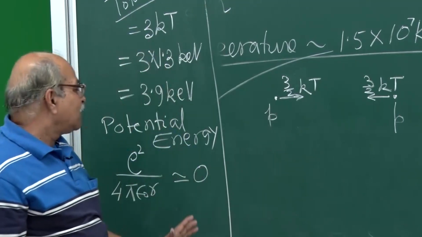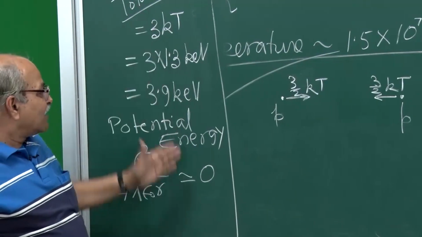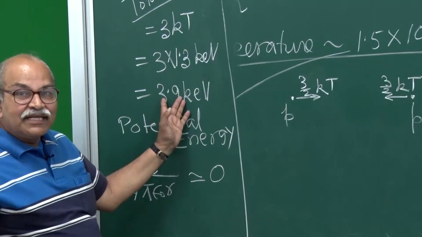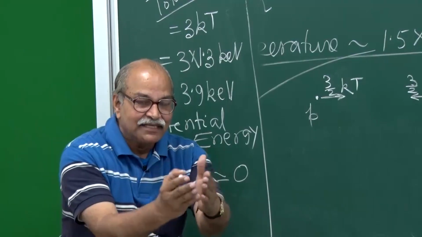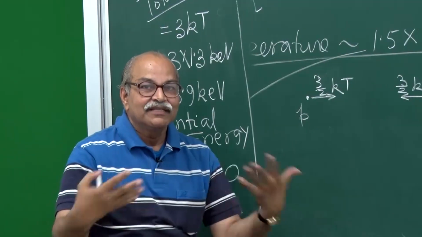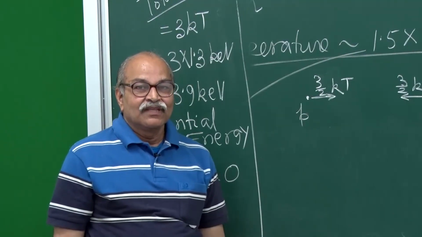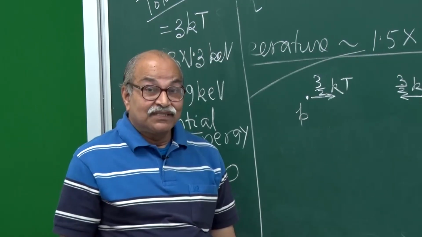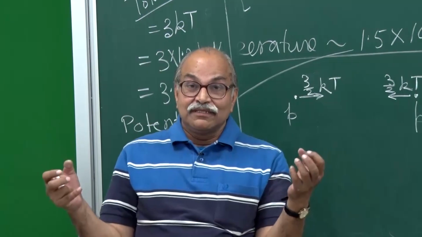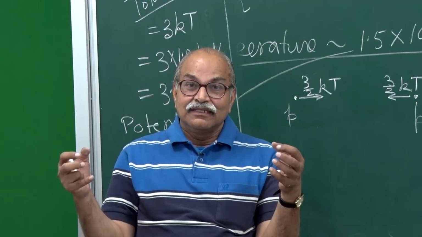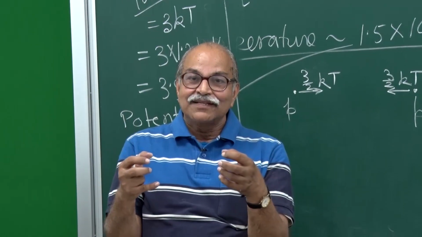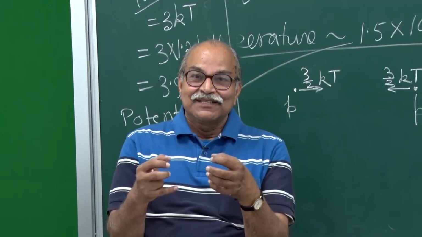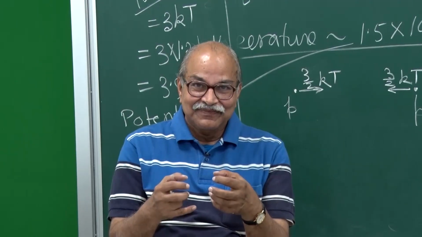So that total mechanical energy to start with is 3.9 keV, and it should remain 3.9 keV. The kinetic energy will decrease, the potential energy will increase. What happens? Is it the case that the protons are slowing down, and at some place the speed becomes 0?